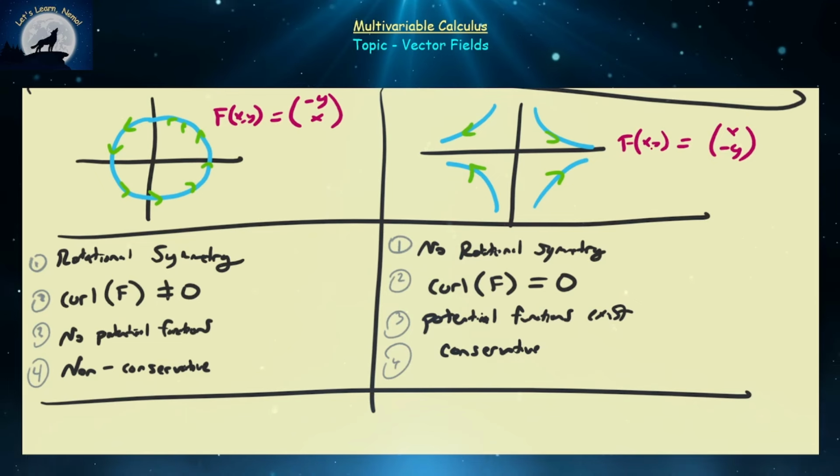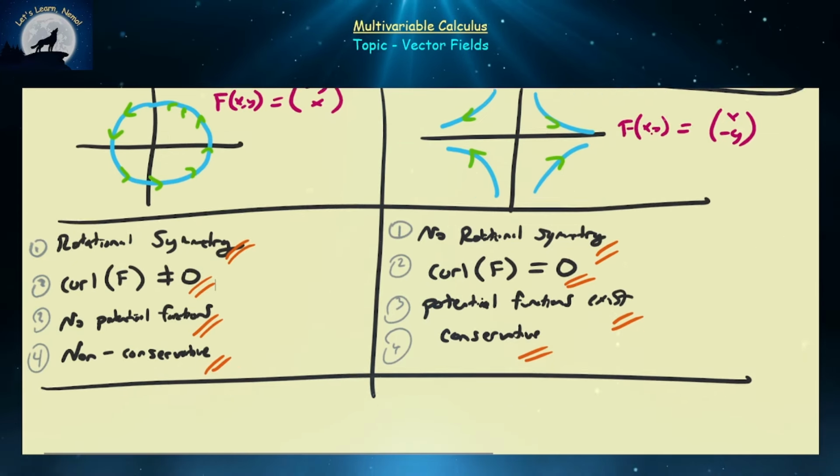That is, if you have a conservative vector field, then you're always going to have a curl of 0. You're always going to have potential functions, and the graph will not have rotational symmetry at or near those points. Whereas if you have a non-conservative vector field, the curl will be non-zero, either positive or negative, no potential functions will exist, and it will have some sort of rotational symmetry.